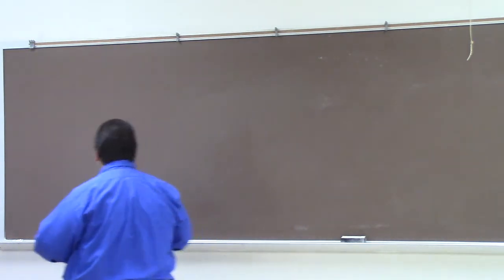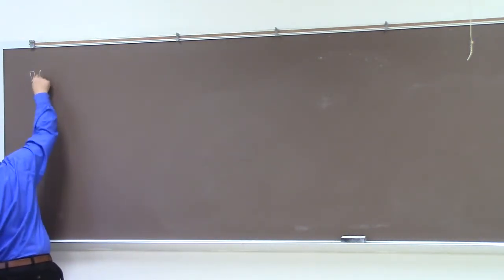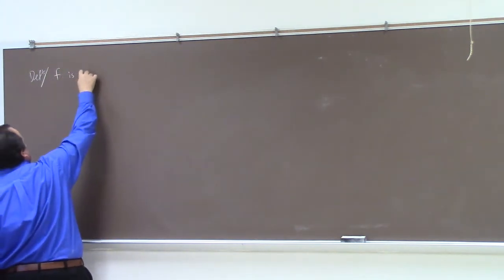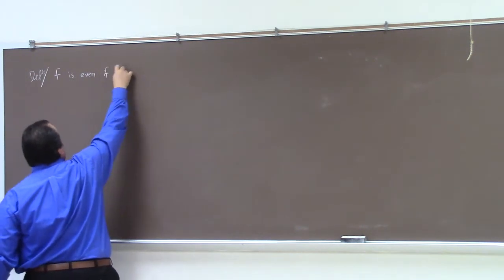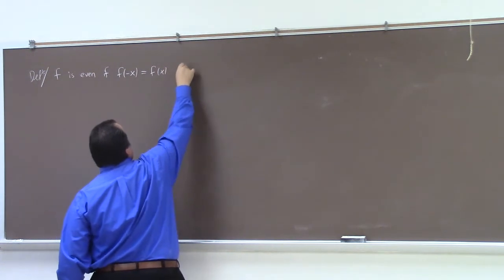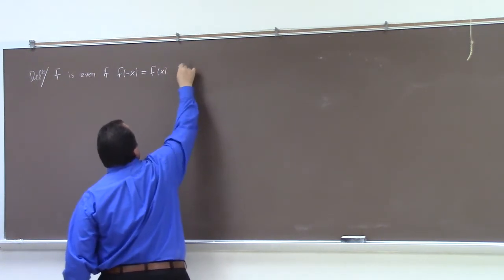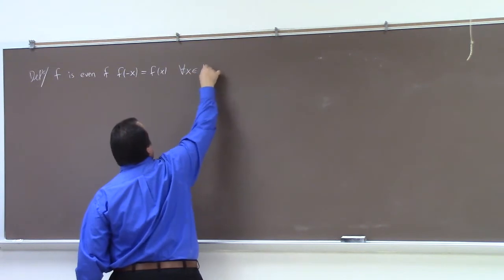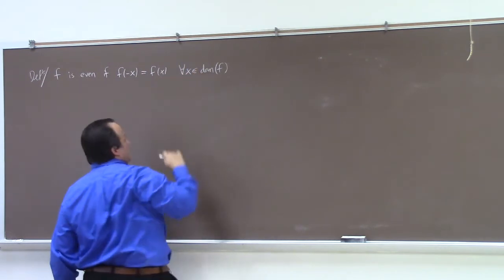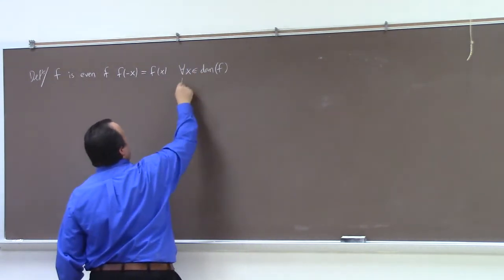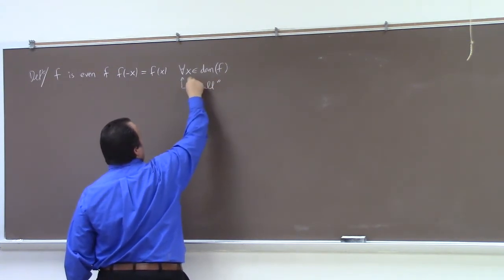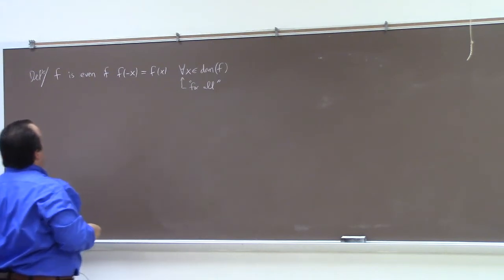So f is even if f of minus x is equal to f of x for all x in the domain of f. Now, it looks like I just introduced yet another symbol. This is shorthand for "all." So that's even.